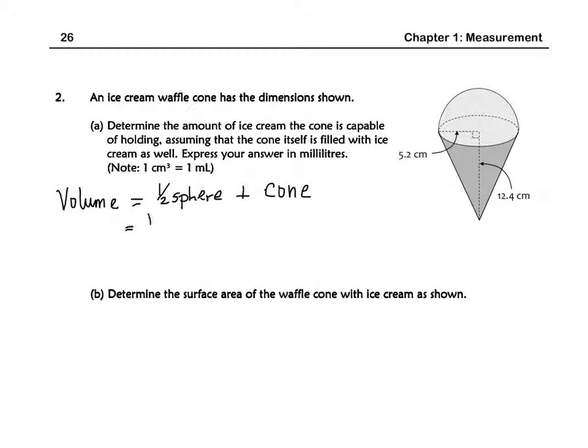The half sphere would be half of 4/3 pi r cubed, plus the volume of the cone, pi r squared times the height divided by 3.